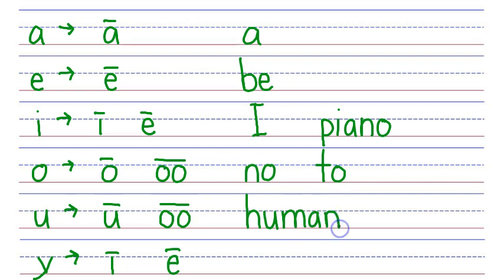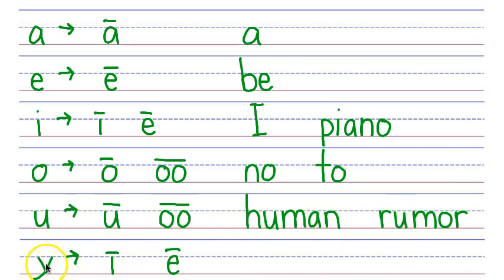Or you can have a word like rumor, spelled R-U-M-O-R. The first syllable of rumor is ru, and the U makes a long double O sound, oo, in that word.